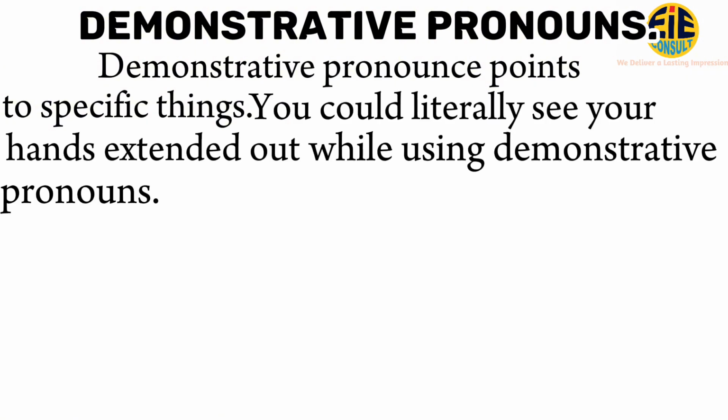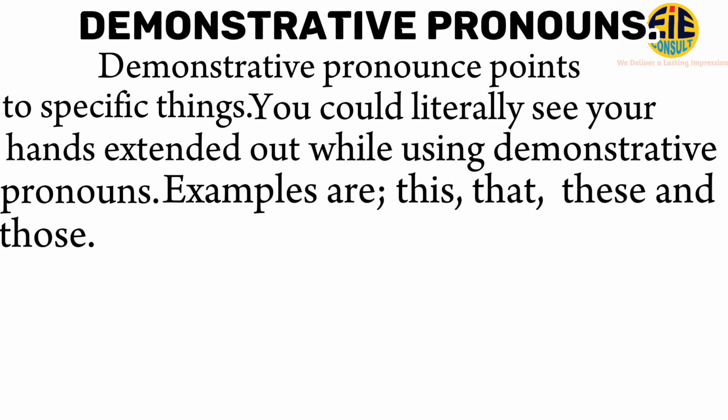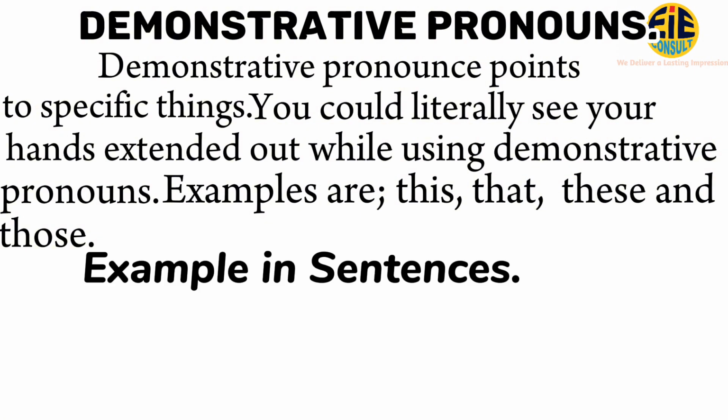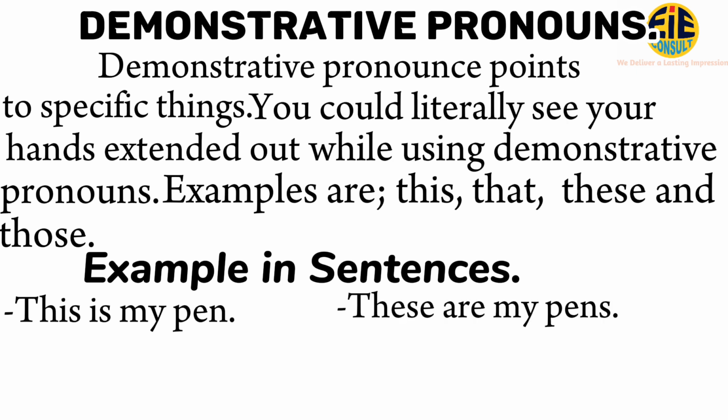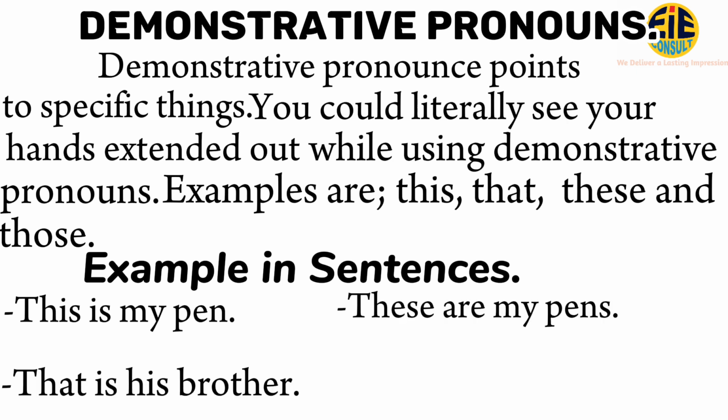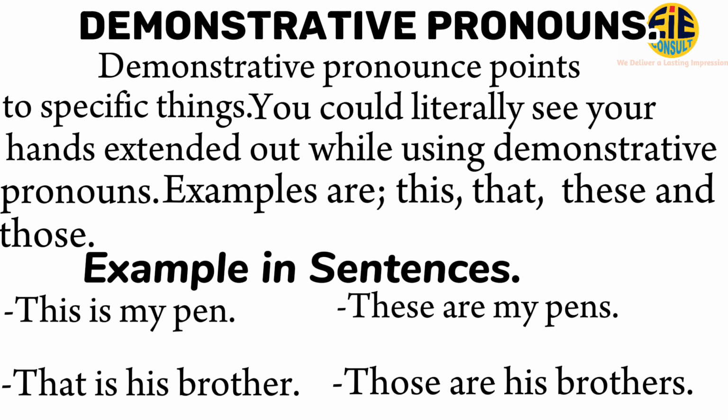You could literally see your hands extended out while using demonstrative pronouns. Examples are this, that, these, and those. You could use demonstrative pronouns in sentences like, this is my pen. These are my pens. That is his brother. Those are his brothers.